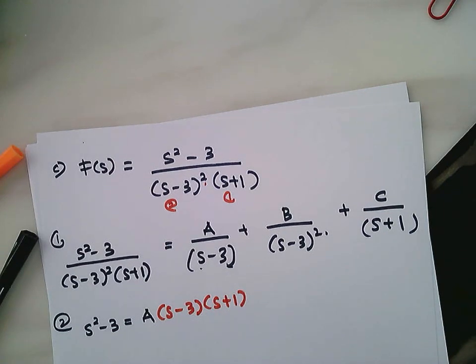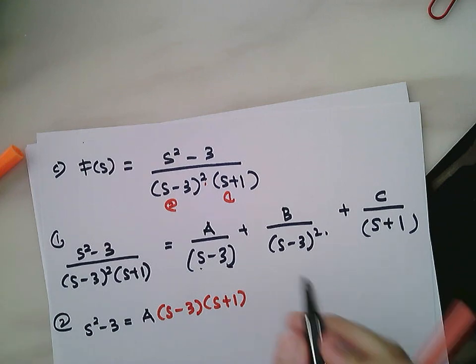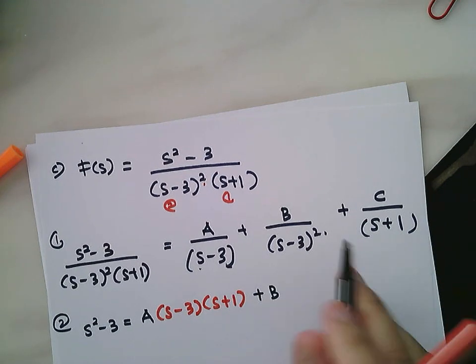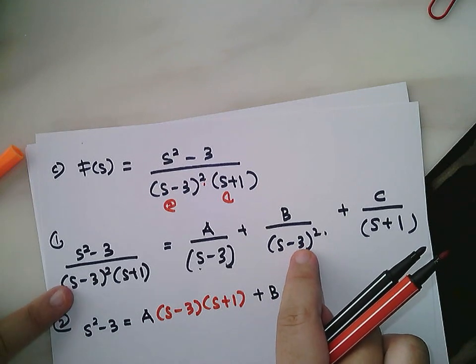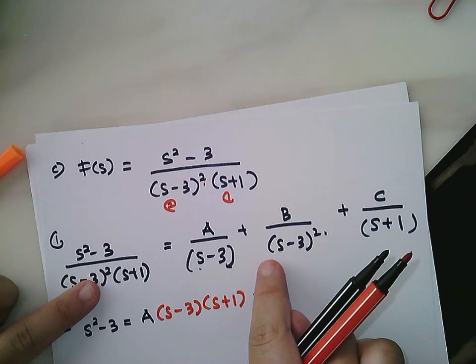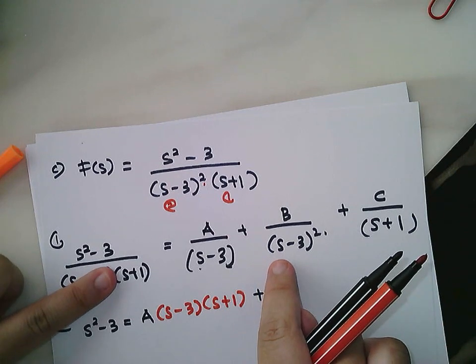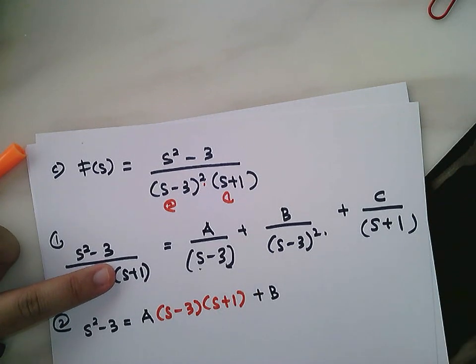For the second term, plus B, when you compare this with the left hand side, you already have (s minus 3) the whole thing squared, so what is missing is (s plus 1), so this one is multiplied by (s plus 1).